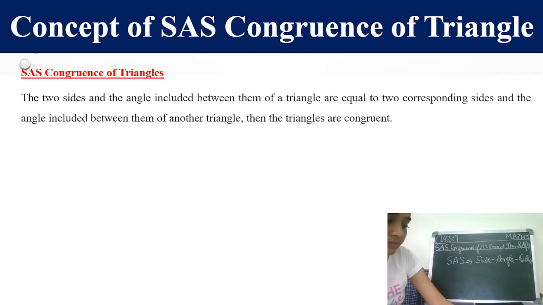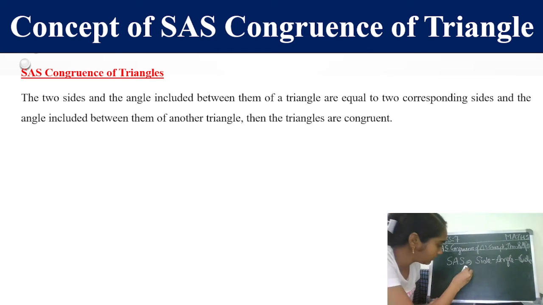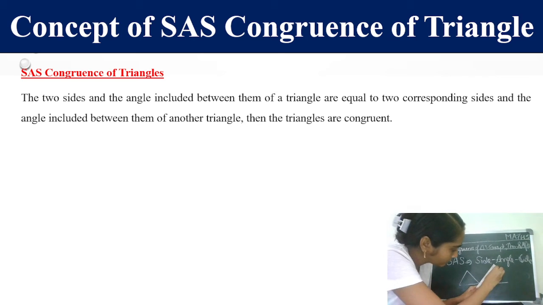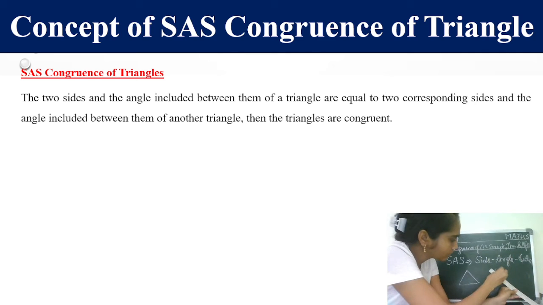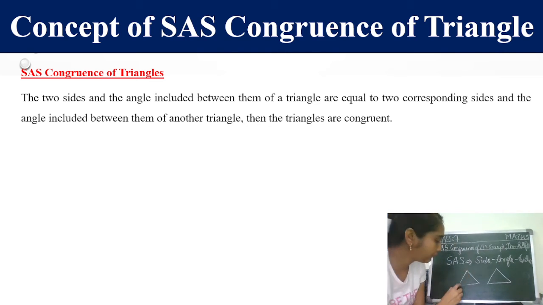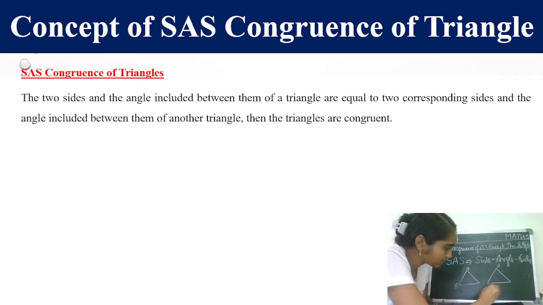Let me try to draw a triangle. It will be more clear to you if I explain it with the help of a diagram. So now students, you can see over here that if we have two sides, let us consider sides AB and BC, and this is triangle PQR.